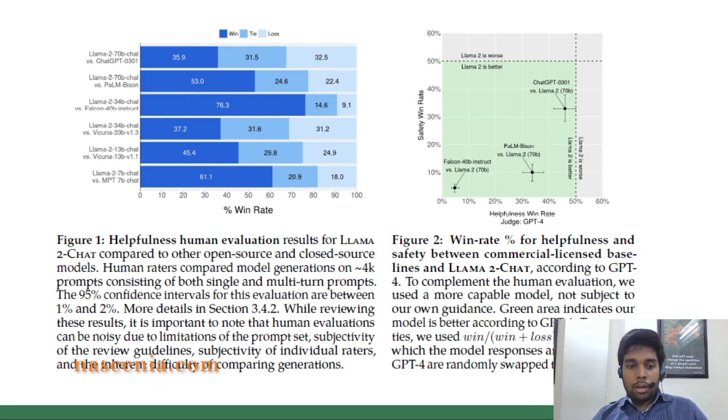You can see that LLaMa 2 performs better. On the right hand side, you can also see the helpfulness win rate where the judge was GPT-4, and the win rate for LLaMa 2 is better.